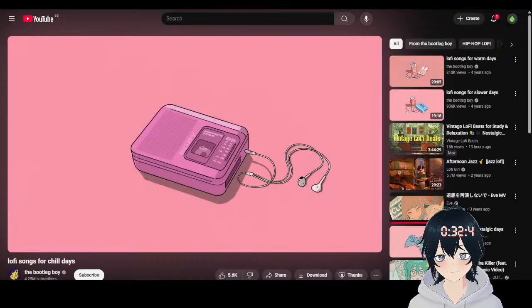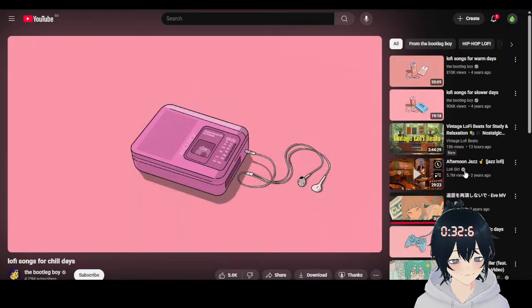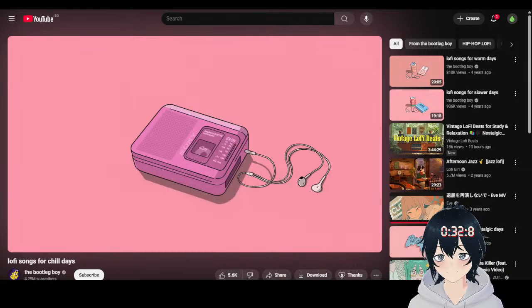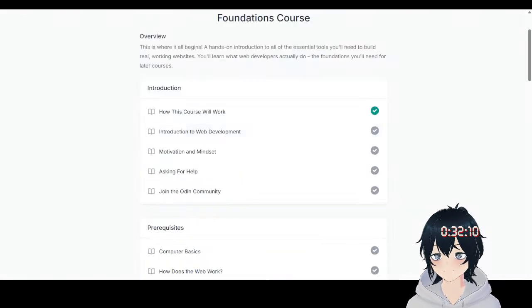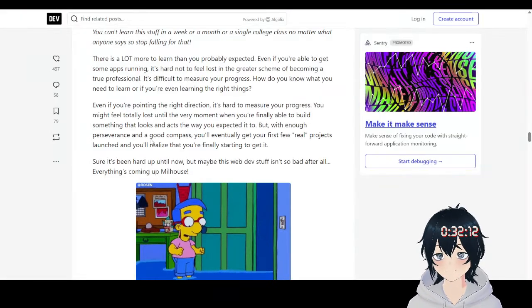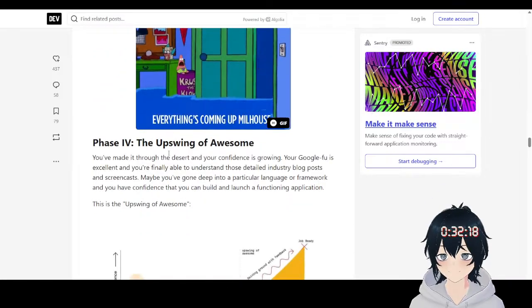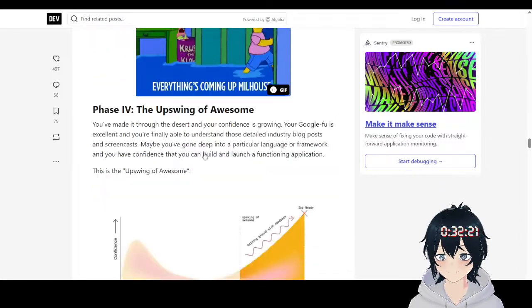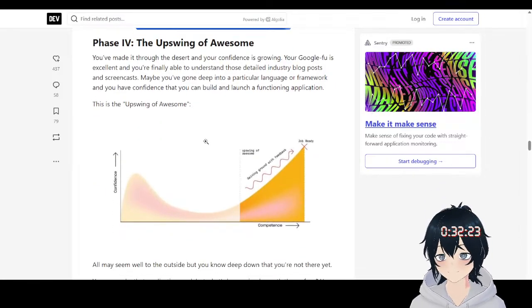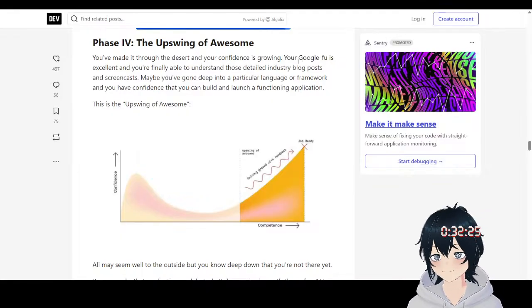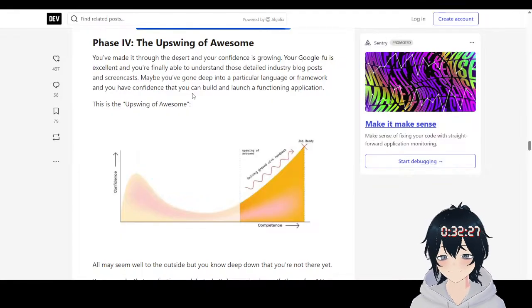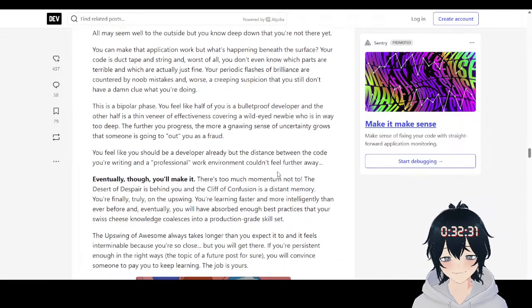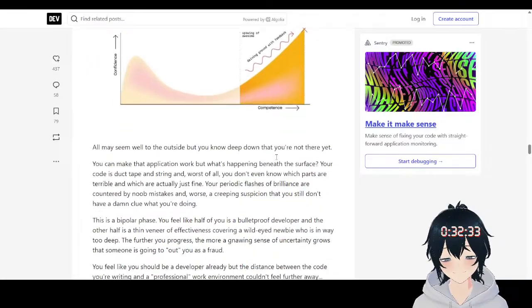Let's find some, yeah, this kind of shit. Oh. Your Google Foo is excellent. When you found a website that you can trust, is it?